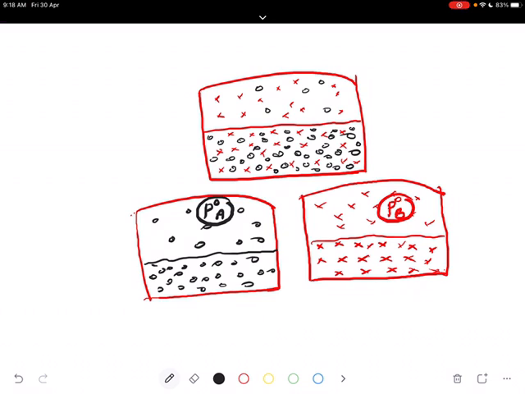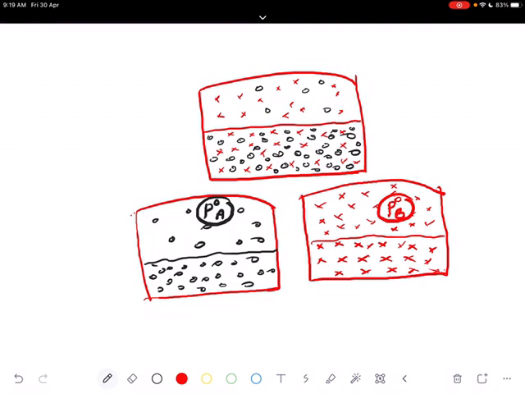Here component A, that is the black one, is less volatile, meaning you can see very few black particles in the vapor phase. But here the red one is highly volatile. It is highly volatile, more and more vapors you see in the vapor phase. Pure vapor pressure of A is called P naught A. Pure vapor pressure of B is called P naught B.